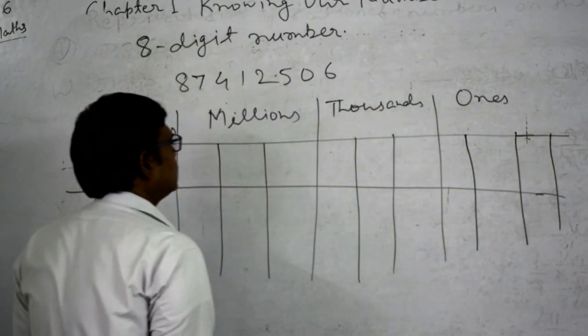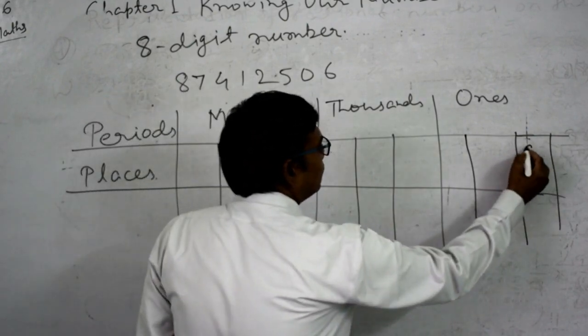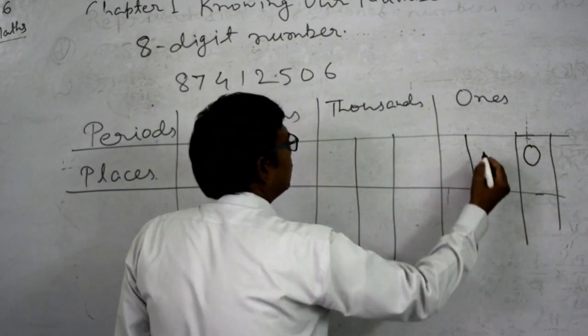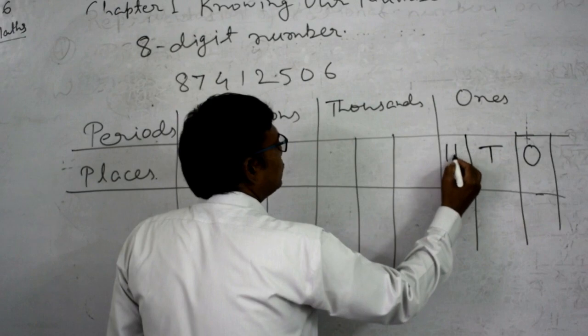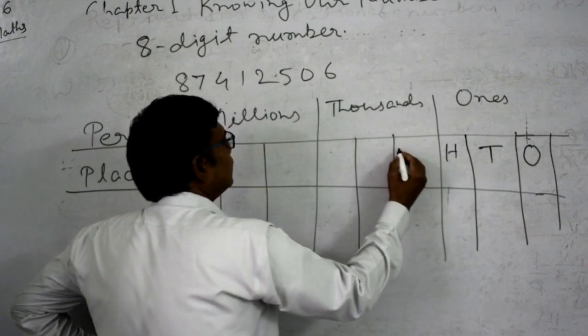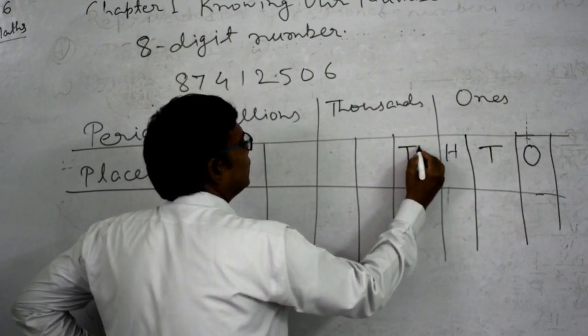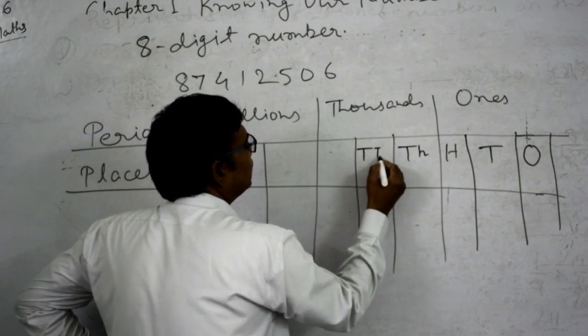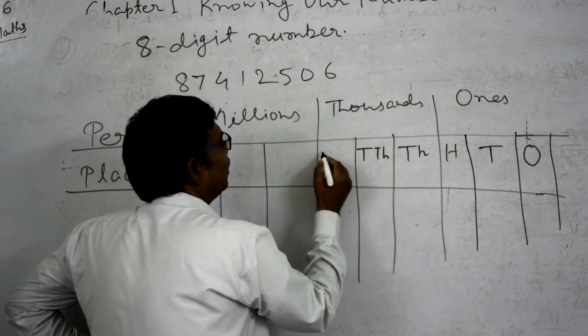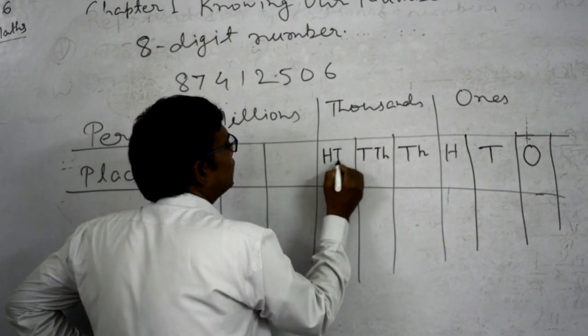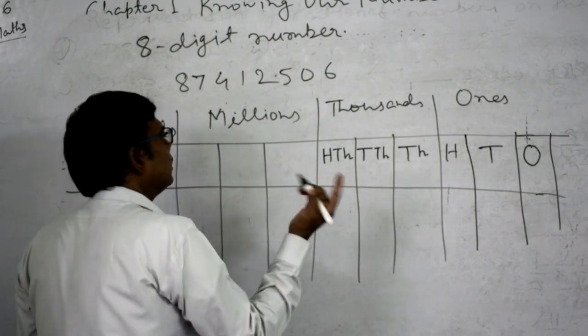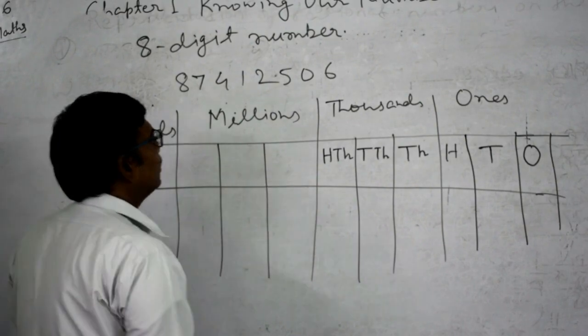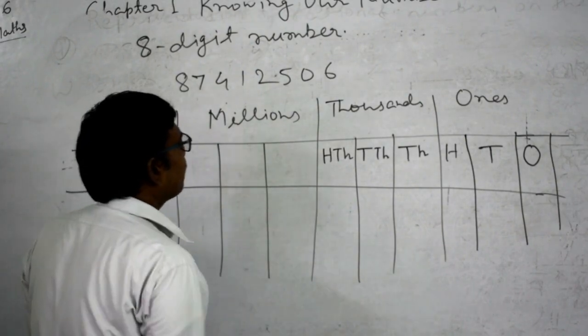Now in this case you will write the ones place, that is O here, then tens place, then hundreds place, then here thousands place, that is TH, and then here this is 10,000s place, TTH, and then this is 100,000 place, that is HTH. Then millions, that is here 1 million.